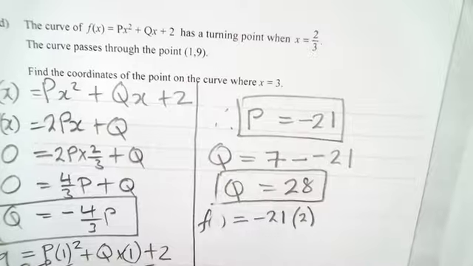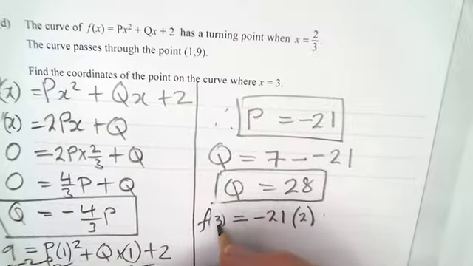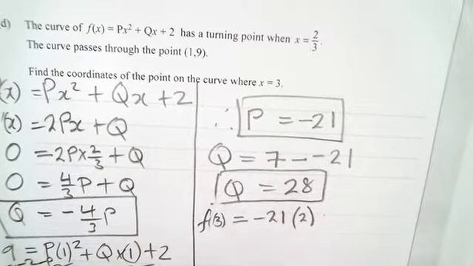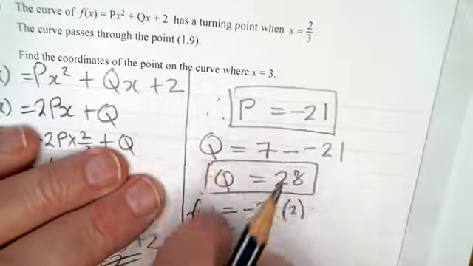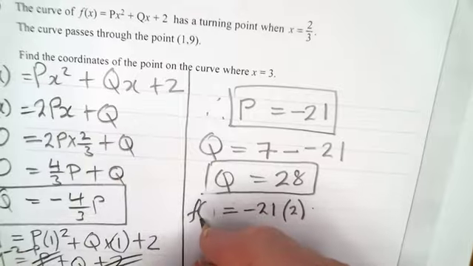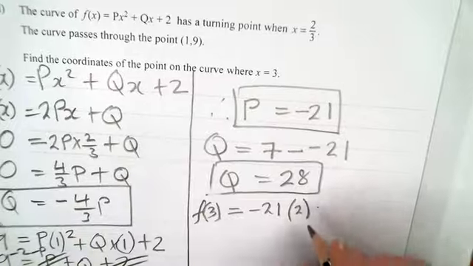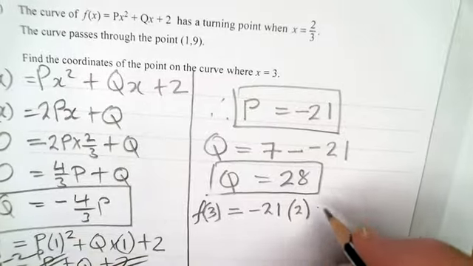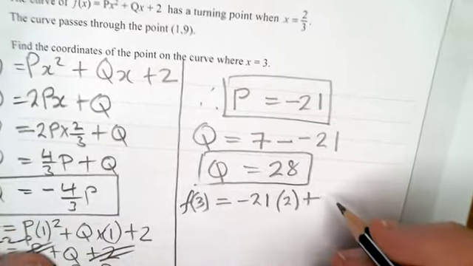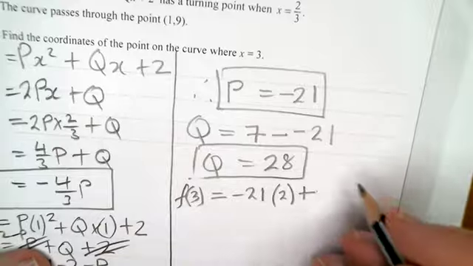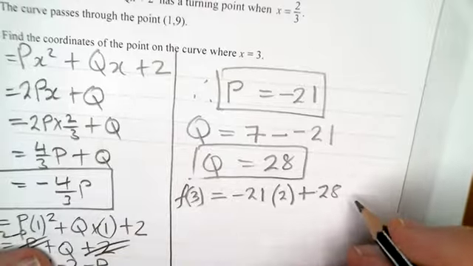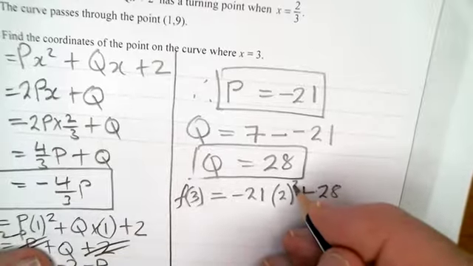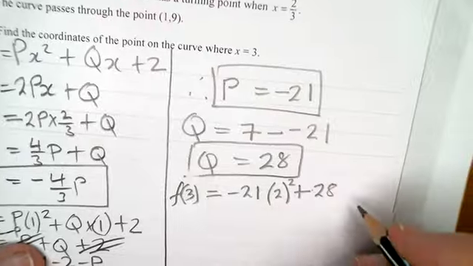Let's put a 3 in there, and put the brackets properly. Negative 21 times 3, this is looking good. Plus, q was 28, times 3, and that's squared as well. It's just not good today.